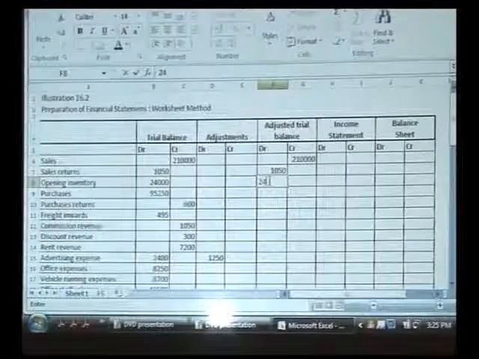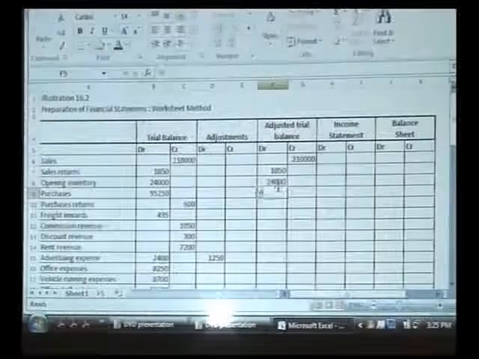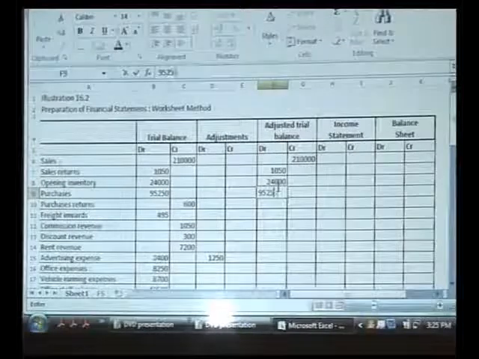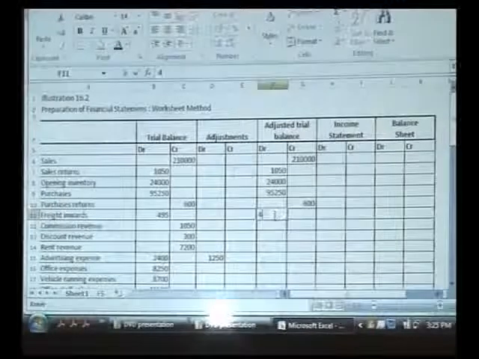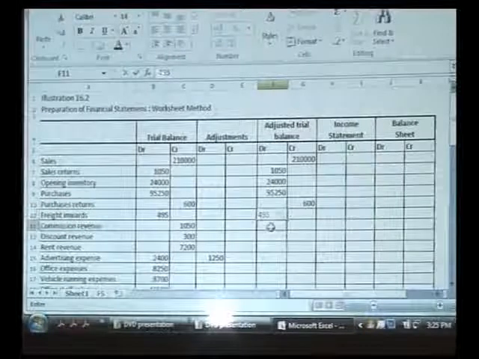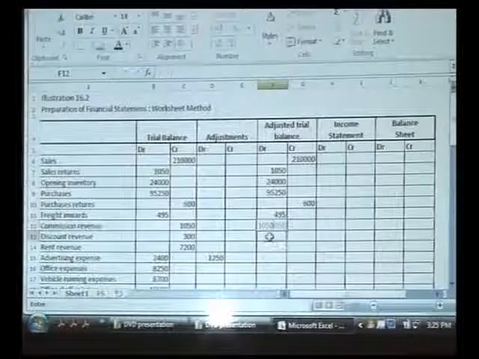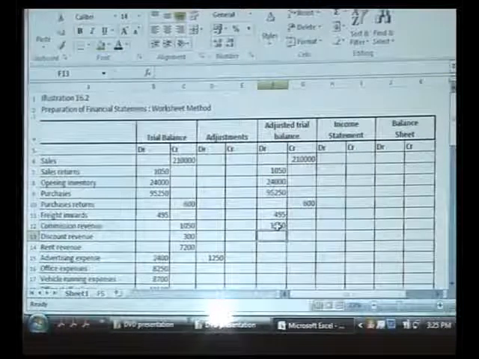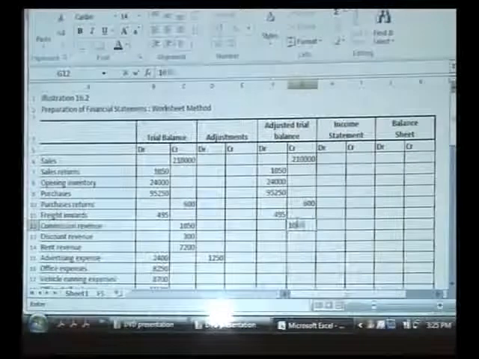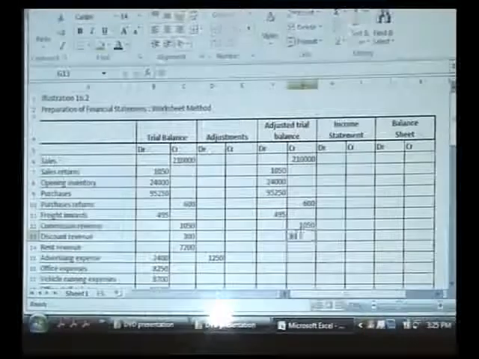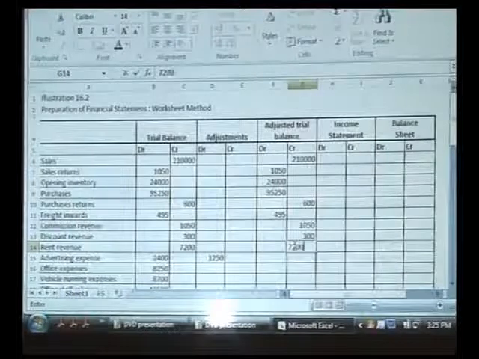Same amount, 240,000. 95,250, no adjustments. 600, no adjustment. 495, no adjustment. 1,050, no adjustment. 1,050 credit, no adjustment. 300, no adjustment. 7,200, no adjustment. Same figure.